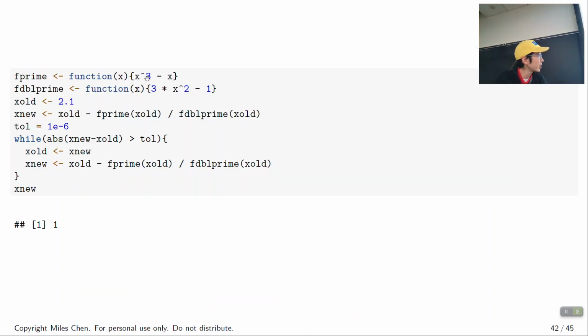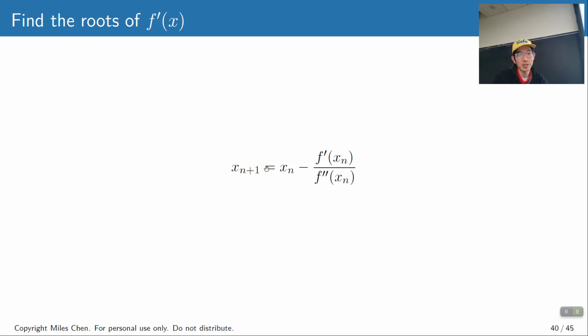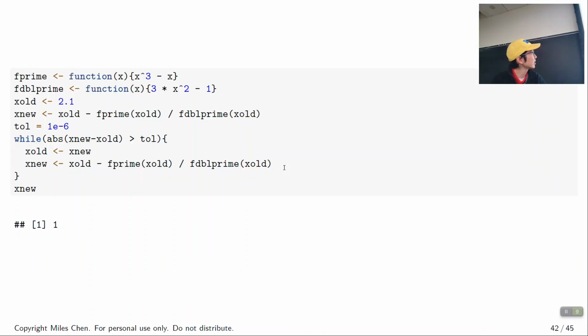So my f prime is x cubed minus x, my f double prime is 3x squared minus 1, and I'm just going to apply the Newton-Raphson method. So I'm going to start off at 2.1, and we'll say the next iteration will be x old minus f prime of x old divided by f double prime of x old, right? So I'm just using this exact thing, okay?